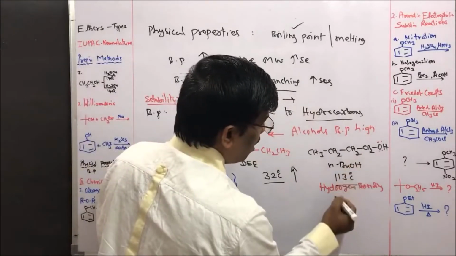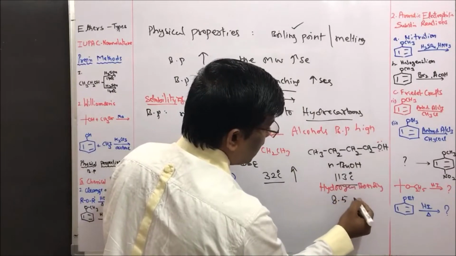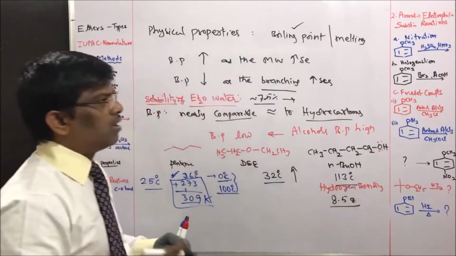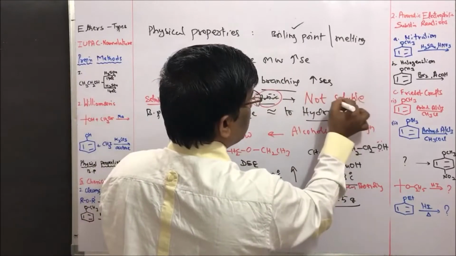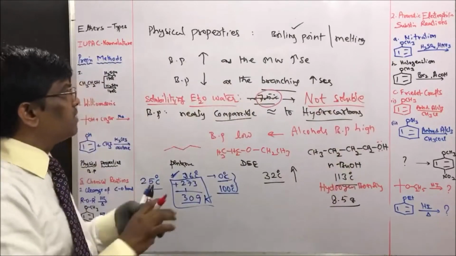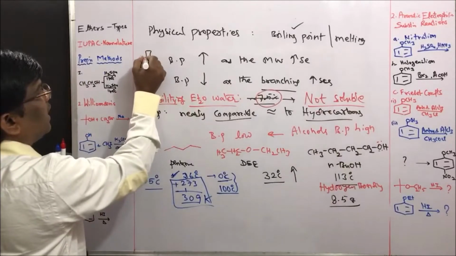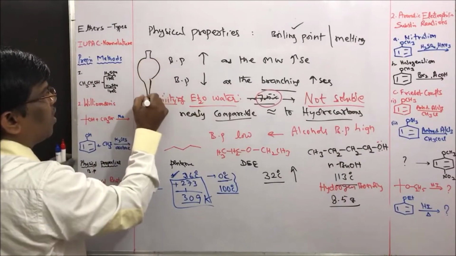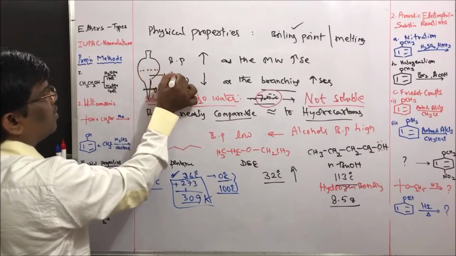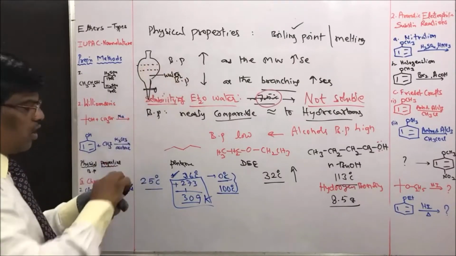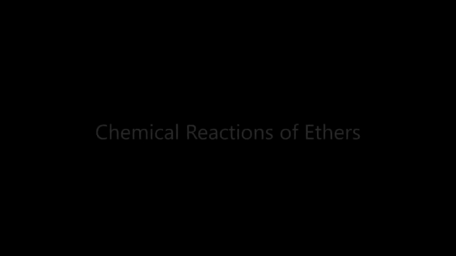Whereas n-butanol, about 8.5 grams, is going to dissolve. Generalized, diethyl ether is not soluble in water and it gives a layer. Suppose I take diethyl ether and water in a separating funnel, water is going to be down and the diethyl ether is going to be the upper layer.